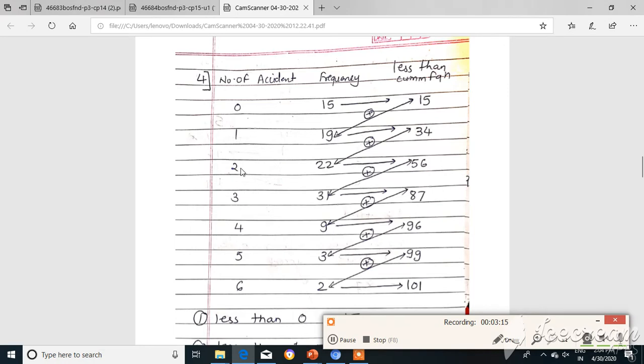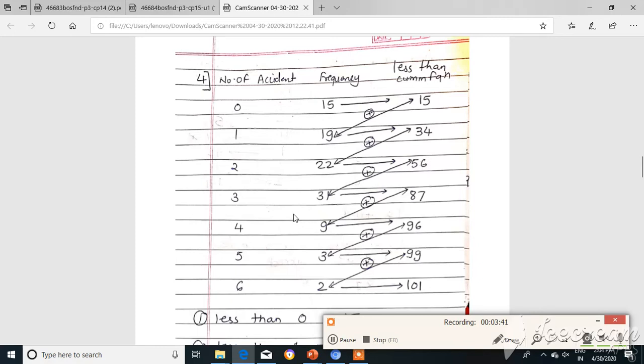Similarly for 2, the less than or equal to cumulative frequency is the 2's frequency plus 1's frequency plus 0's frequency. So the addition of these three will be 56. Actually, I added the first two, so you directly add this 34 with this 22, which gives you 56.